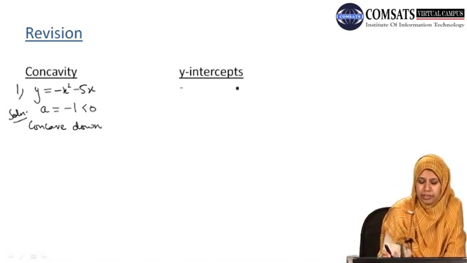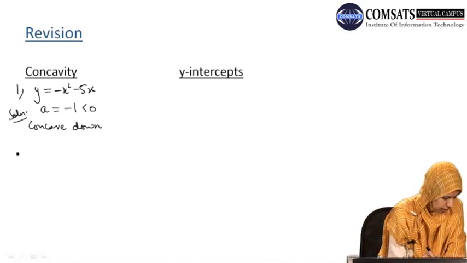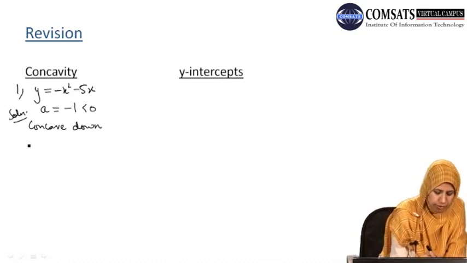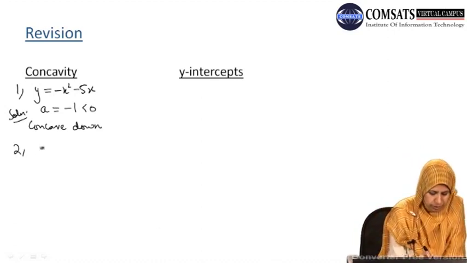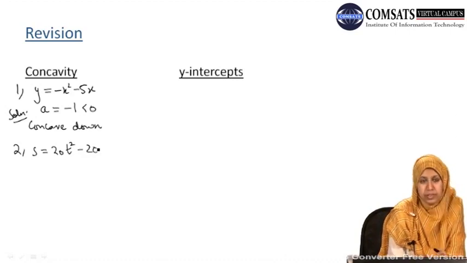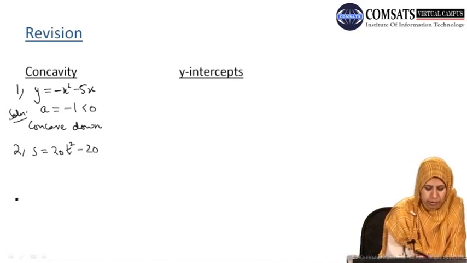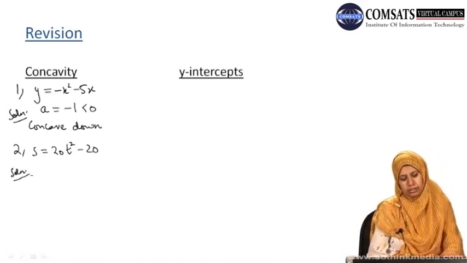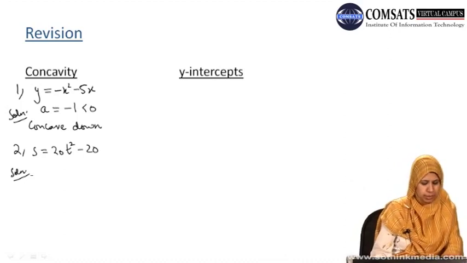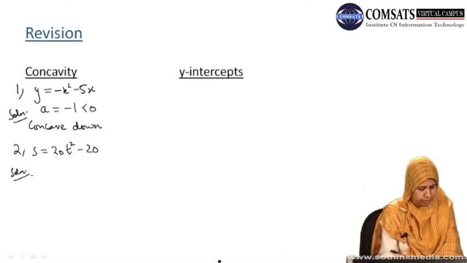What about the y-intercepts? First we do another example and then we will find the y-intercepts on the right side. The second example is s equals to 20t square minus 20, the same example which we have just seen as our first example for the case of quadratic functions.